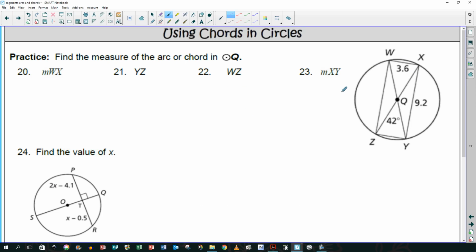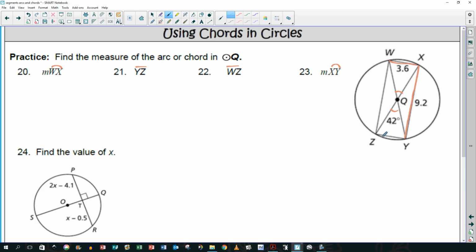All right, so find the measure of the arc or chord. So this is an arc, left it off again. This is a segment, this one is a segment, and this one is an arc. So I know for a fact that if this is 3.6 and this is 9.2, this is 42 degrees, this is 42 degrees.